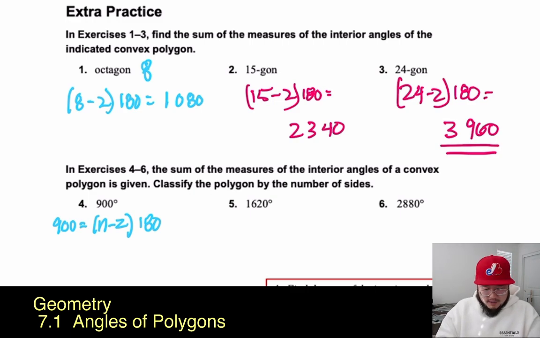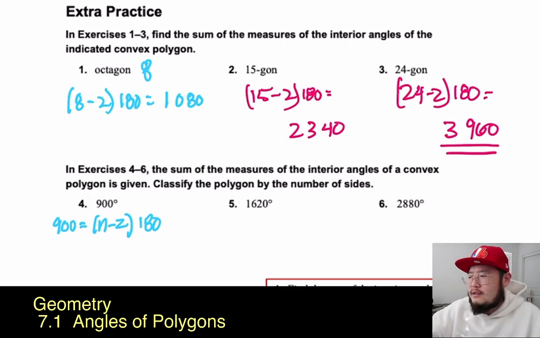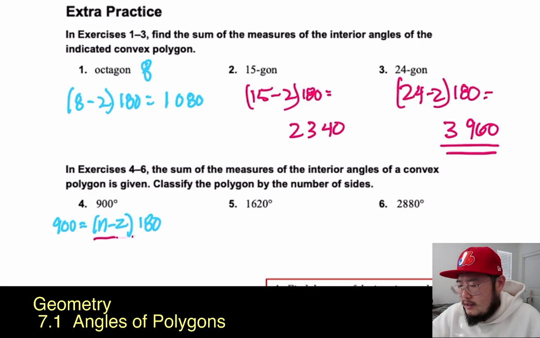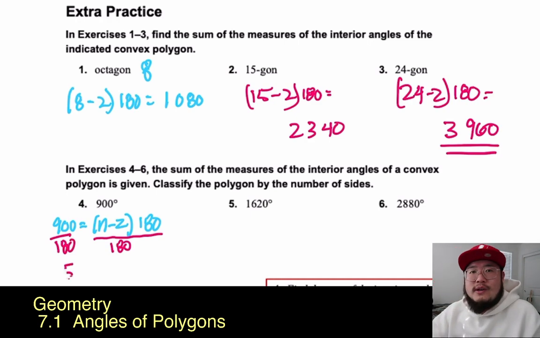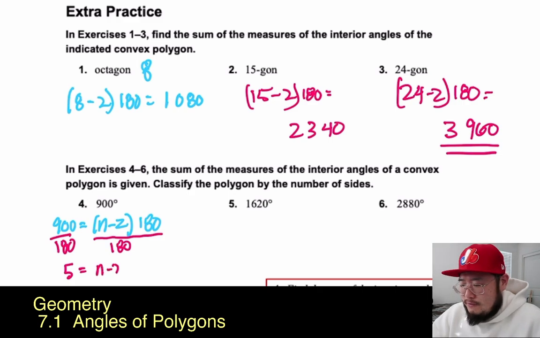In order for us to get n by itself, I've got to get rid of that 180, so let's divide both sides by 180. 900 divided by 180 ends up equaling 5. So I have 5 is equal to n minus 2. In order to get n by itself, we'll add 2 to both sides, and n is equal to 7. That is like half your answer.